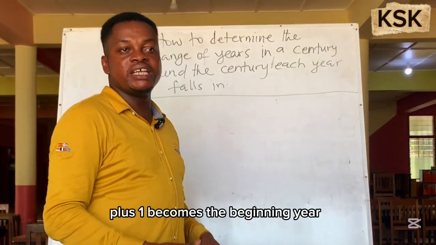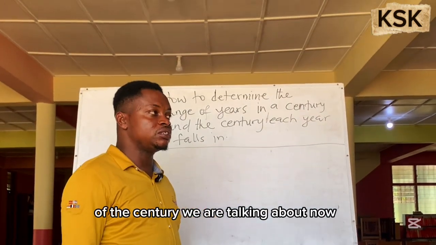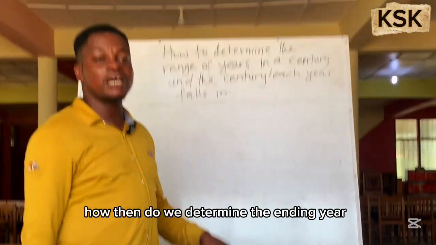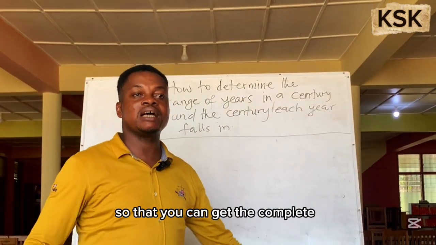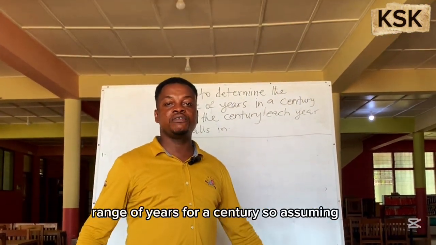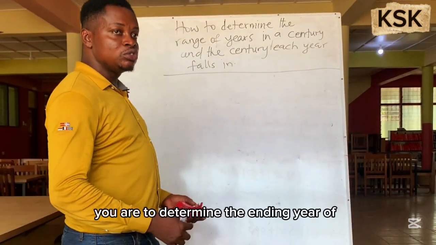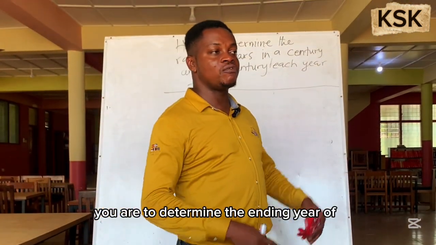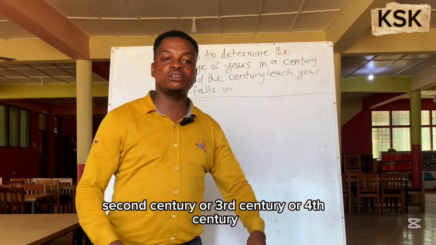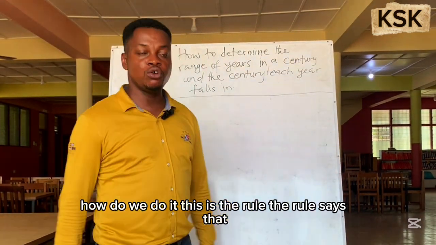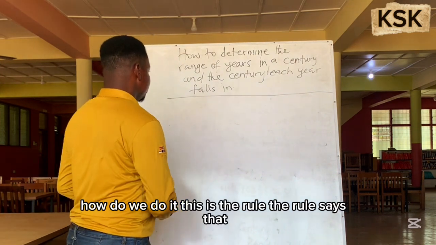Now, how do we determine the ending year so that we can get the complete range of years for a century? Assuming you are to determine the ending year of the second, third or fourth century, how do we do it? This is the rule.